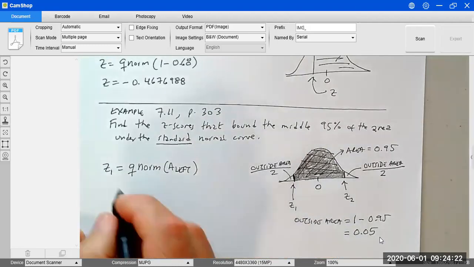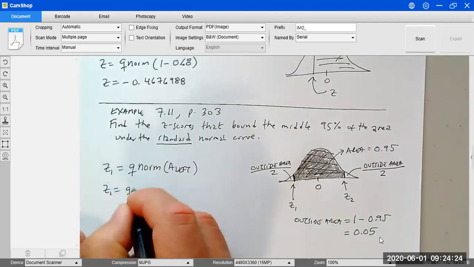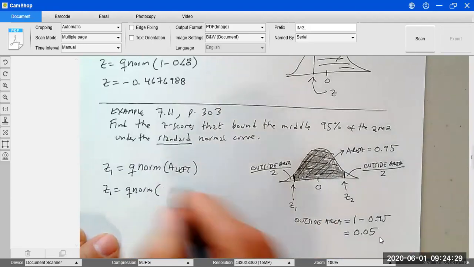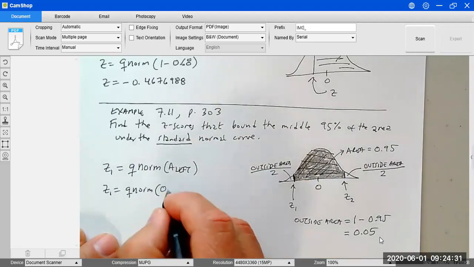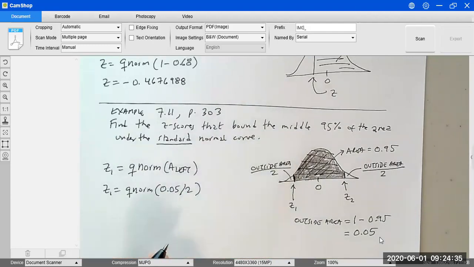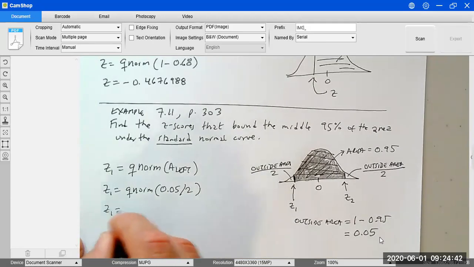So the area to the left is just the little portion. It's just 0.05 divided by 2, because that's the outside area. 0.05 divided by 2. That's the area for the first one. Then we're going to find a value in a minute.